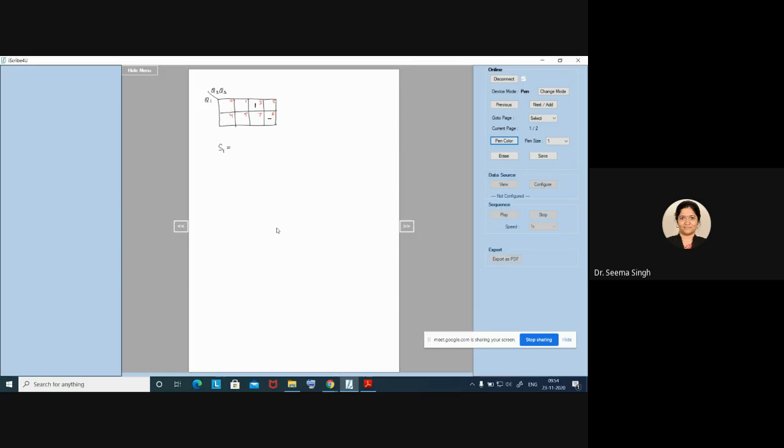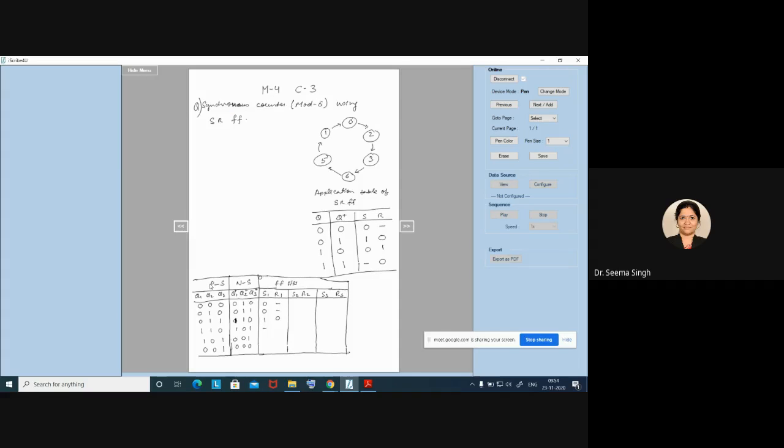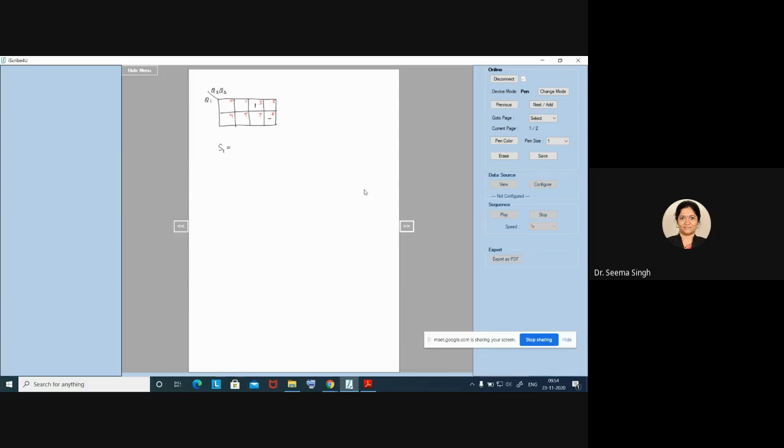And in my truth table, you can see in my states there is no 4 and no 7. So this 4 and 7 cell will also be a don't care, and the rest of the cells are 0.